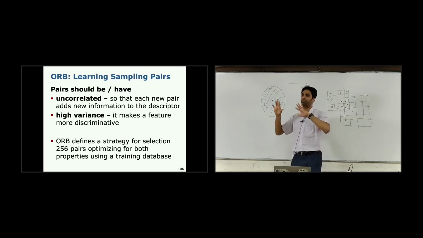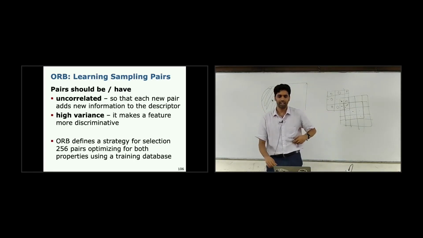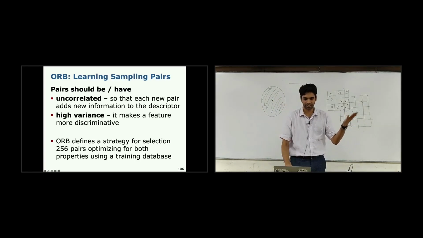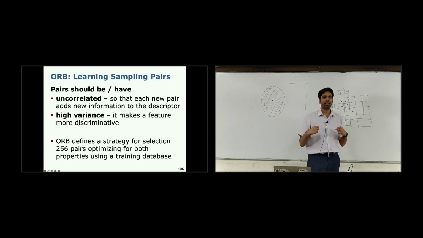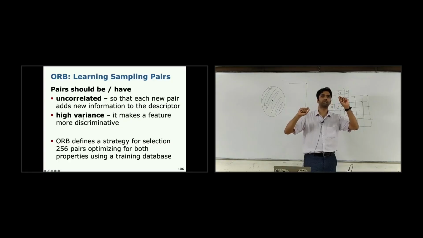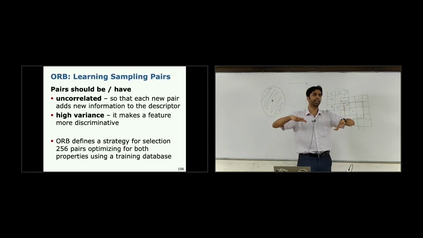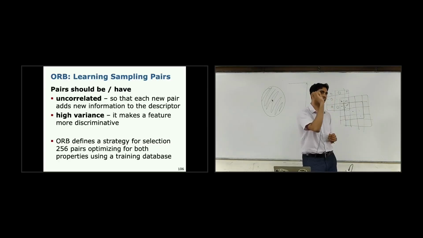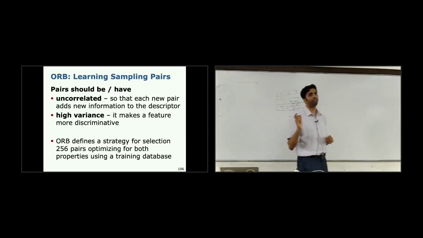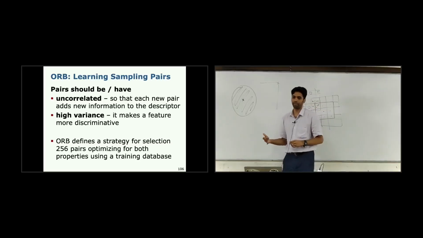So your pairs should be spread apart as much as possible, and that's the high variance part. The samples should be chosen such that the strings that you generate are as far away from each other as possible. Those are the two cost functions that were used to optimize the sampling strategy in the ORB features.